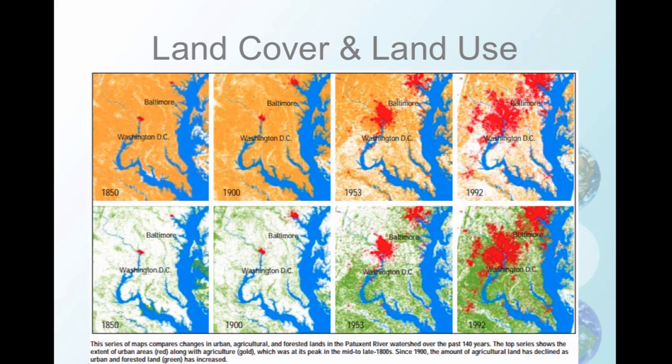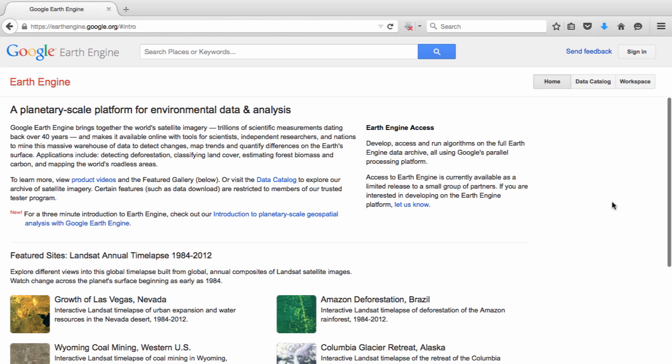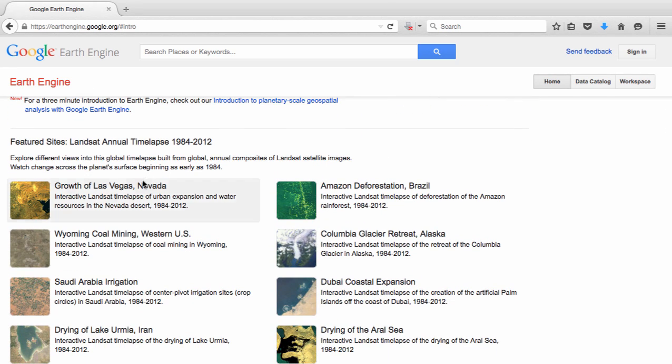Or another way of thinking about this is looking at the footprint, for instance, of Washington, D.C. and Baltimore between the mid-19th century and the end of the 20th century. Another way to visualize this is with a really cool tool that you can access here on Google's Earth Engine, which is making a time lapse of satellite imagery from the Landsat and showing land use change over time.